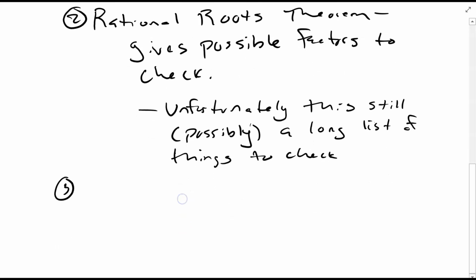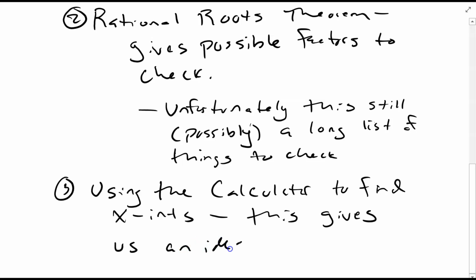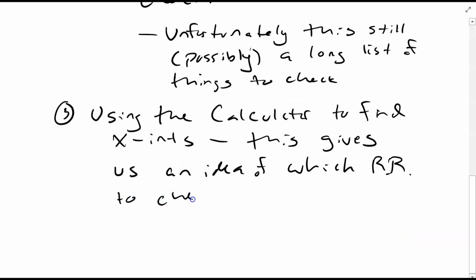The third piece that we saw yesterday was using the calculator to find x-intercepts. This gives us an idea of which of our rational roots to check first.